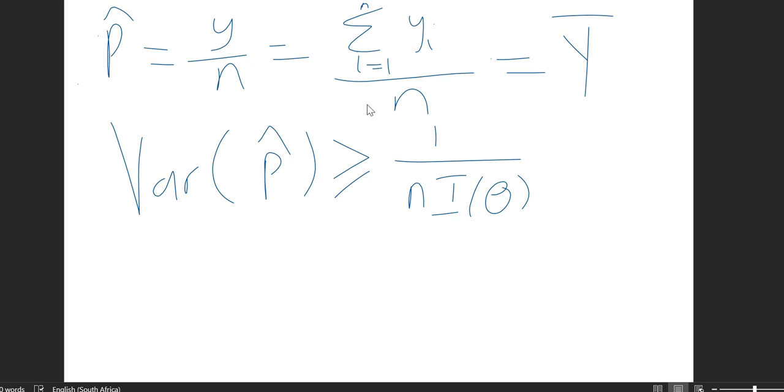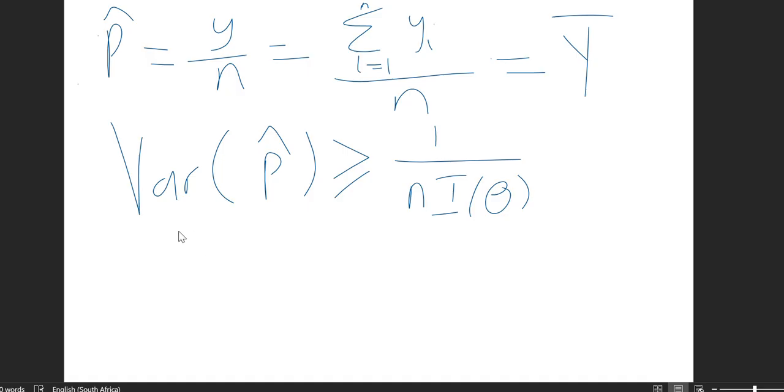We are firstly going to inspect the variance of our estimator. Recall that this is a binomial experiment, so we have a binomial distribution.